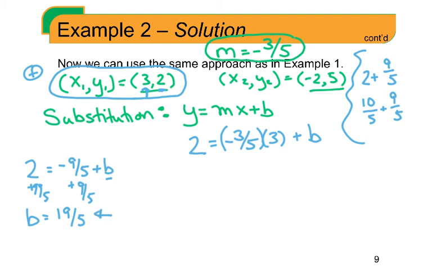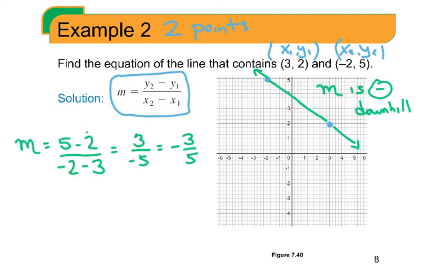And it always helps me to think about this in terms of whole numbers to see if my graph looks right. 19/5 is not quite 4, isn't it? It's 3 and 4/5. Is that right? Yes. So my equation of the line is negative 3/5 x plus 19 over 5. Let's see if our y-intercept was anywhere near that point.